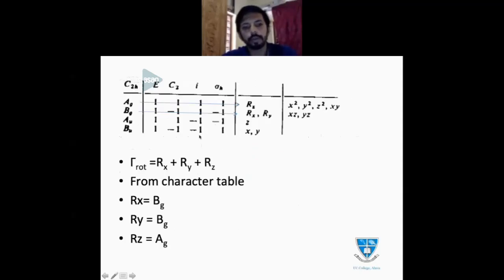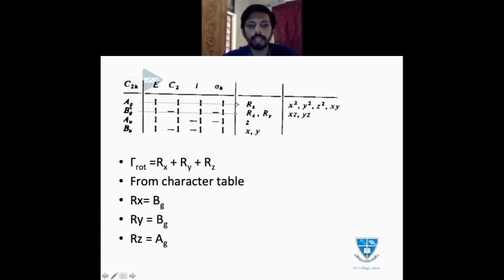So you have to look for the Cartesian coordinate. For Ag, there is no Cartesian coordinate, so Ag is IR inactive. And look for Au: you can see that the Z coordinate is there, so Au is IR active. For Bu, we can see X and Y, so Bu is IR active.